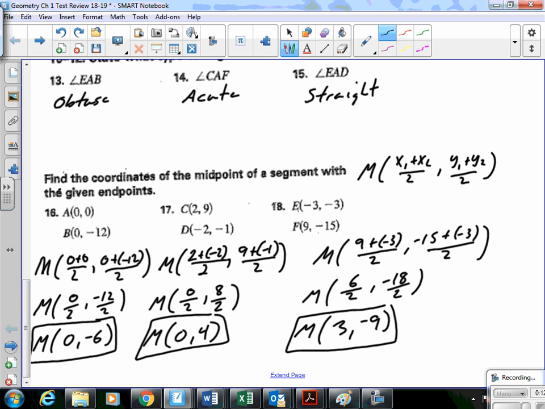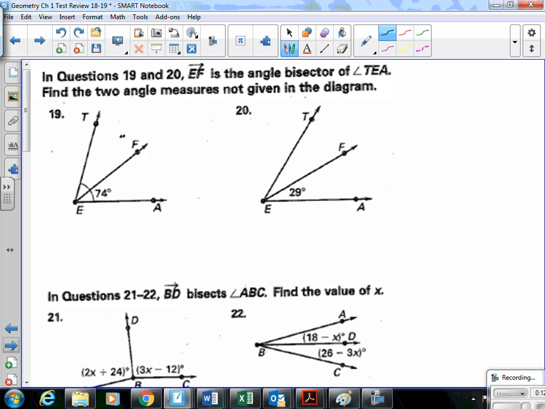All right. Moving on. 19 and 20. It says ray EF is the angle bisector of angle TEA. Find the two angle measures not given in the diagram. So if EF is an angle bisector, that's saying it's splitting the angle in half, or creating two congruent angles out of the one angle.